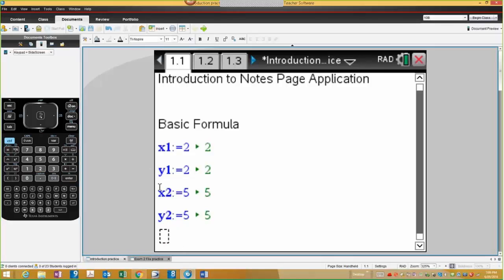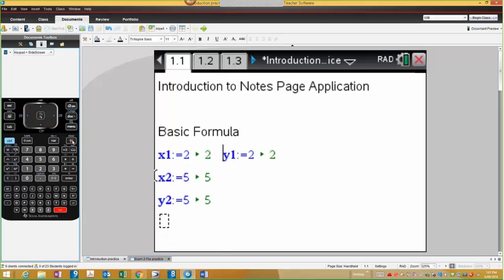It is possible to format this a little bit. If I put my cursor beside the y1, notice I've got my cursor inside the maths box, but if I'm a little careful with my mouse and position it appropriately, it's now outside the maths box. If I hit the delete key, I can format my screen a little bit. So if you want to minimise the space being used on the notes pages, we can do that.